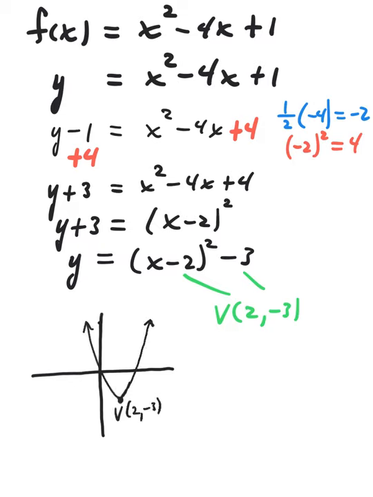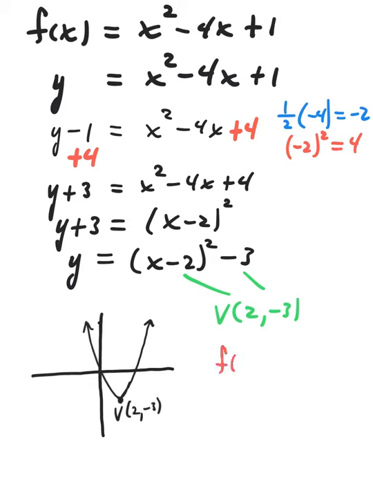Now these graphs will come with a y-intercept and anywhere from 0, 1, or 2 x-intercepts. You can tell by the orientation of this one we're going to have 2 x-intercepts. It's easy to get the y-intercept because all you have to do is plug 0 into the original problem.